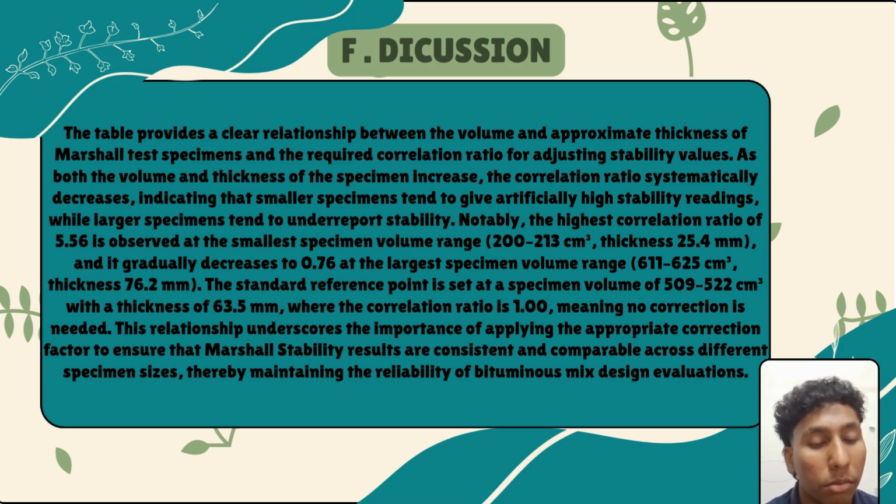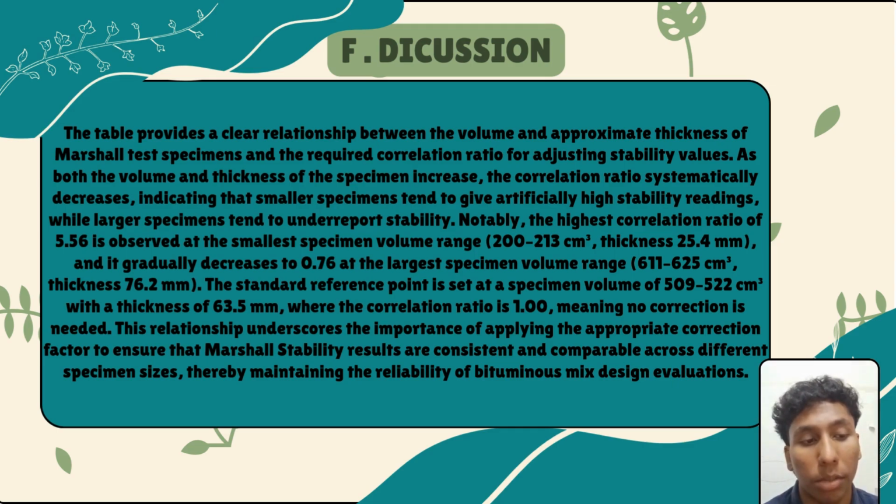The standard reference point is set at specimen volume of 509 to 522 cm cubed with a thickness of 63.5 millimeters, while the correlation ratio is 1, meaning no correction is needed.